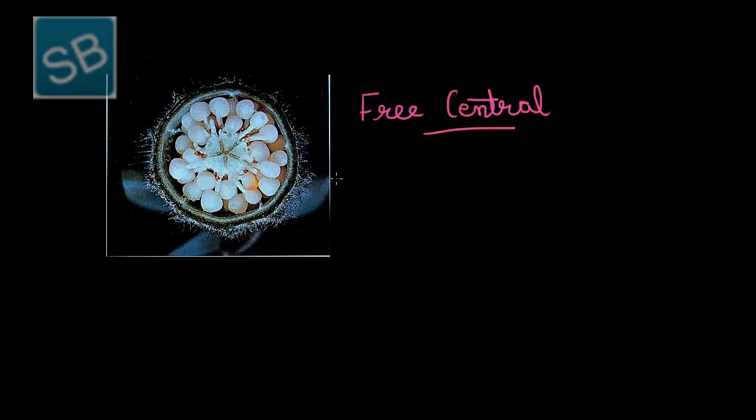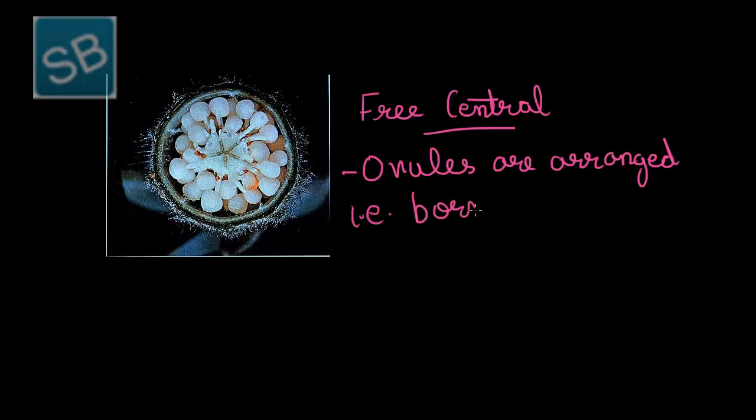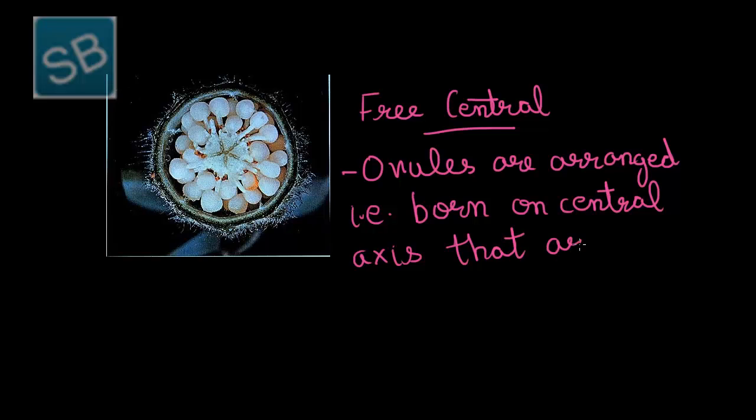Now, the fourth type of placentation is free central placentation. As it can be seen from the figure, these ovules are arranged or borne on the central axis which arises from the base of the ovary.